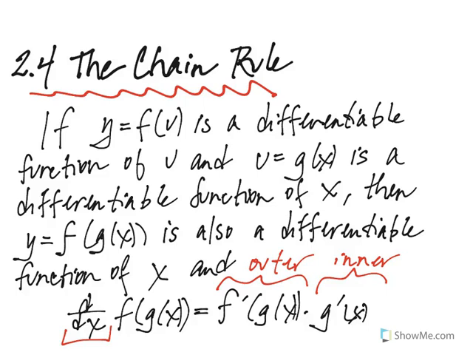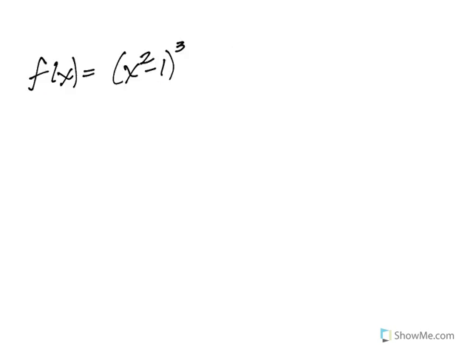All right, so we'll take a look at this function right here, x squared minus 1, the quantity, all to the third power. And again, this was on the prohibited list because you have a function or a quantity other than just x being raised to a power. Okay, now this is not entirely necessary to see. I just want to point something out here.